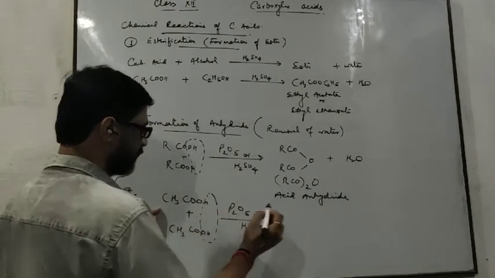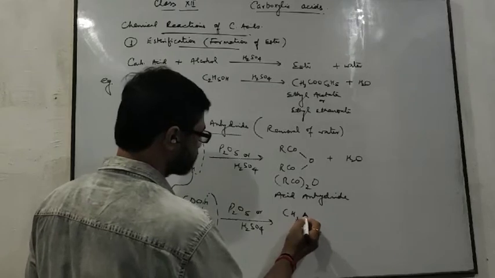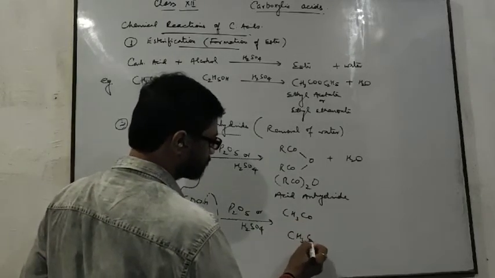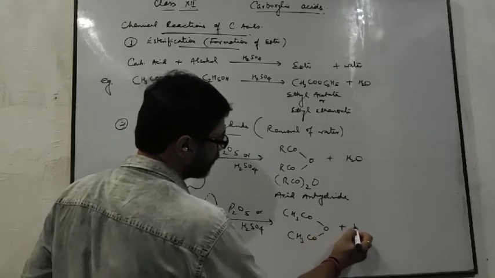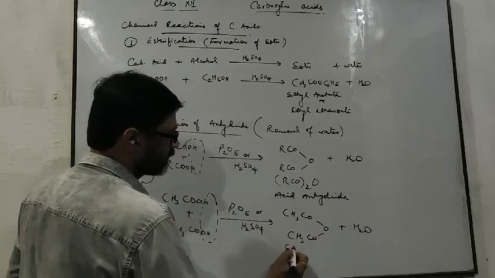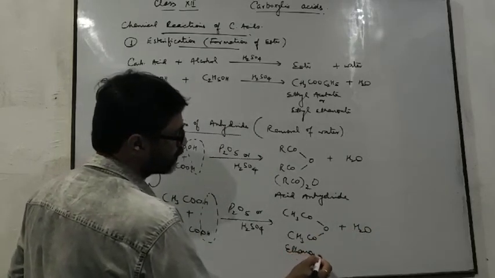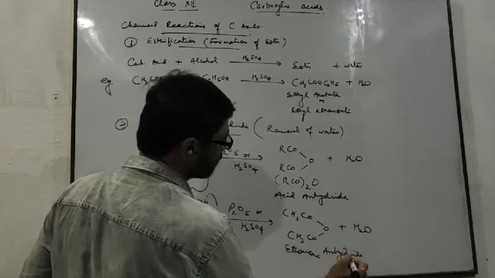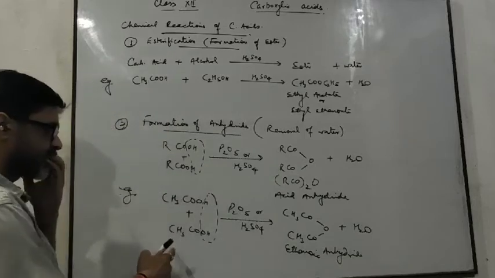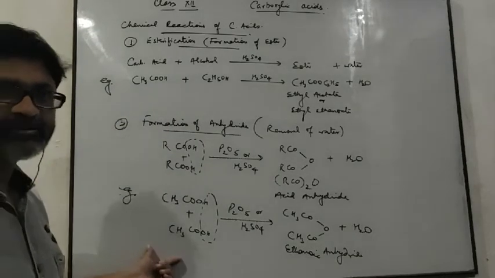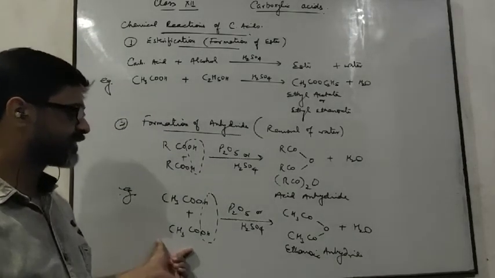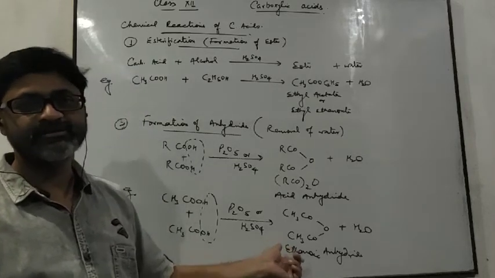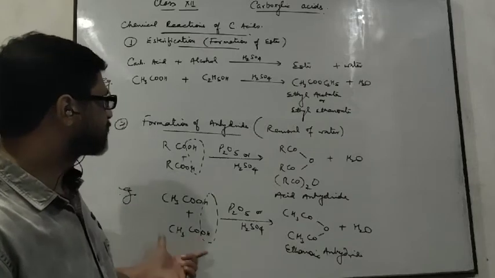It forms CH3CO, and here also CH3CO with O. This one is known as ethanoic anhydride, or you can say acetic anhydride. This one is acetic acid or ethanoic acid. On the basis of its name, this product is called ethanoic anhydride or acetic anhydride. These are the products.